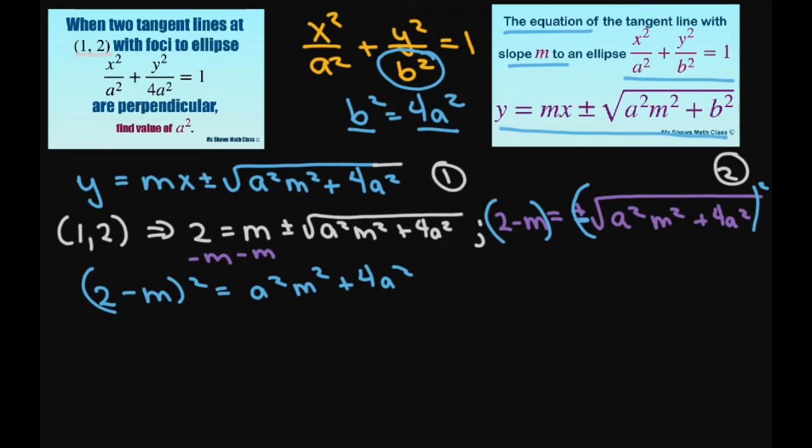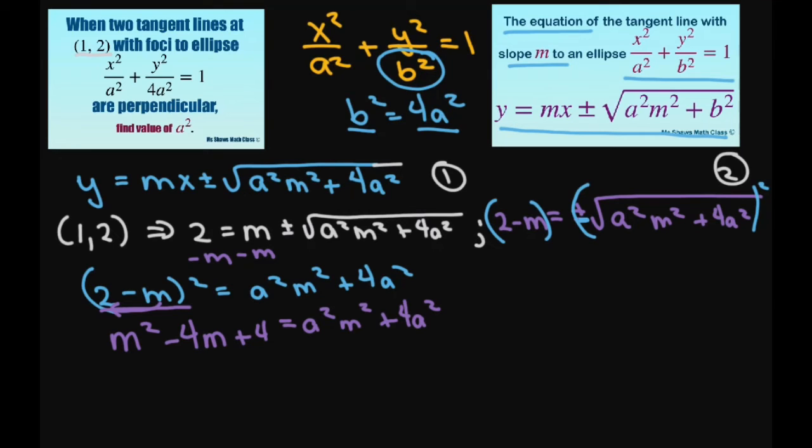Now simplifying all this, on this side I can write this as m squared minus 4m plus 4, and I just switch these around, equals a squared m squared plus 4a squared.